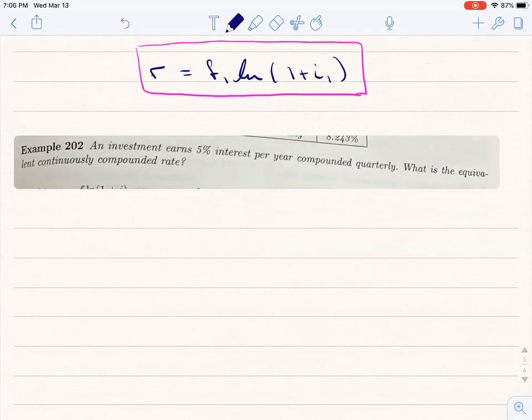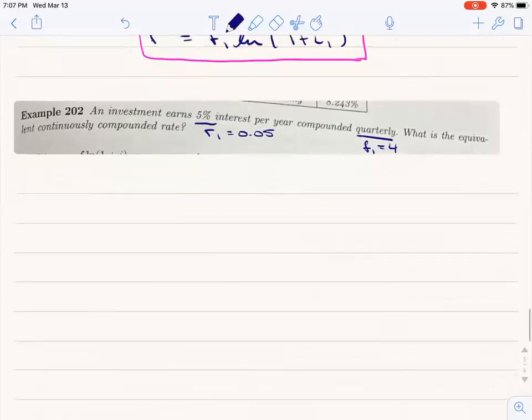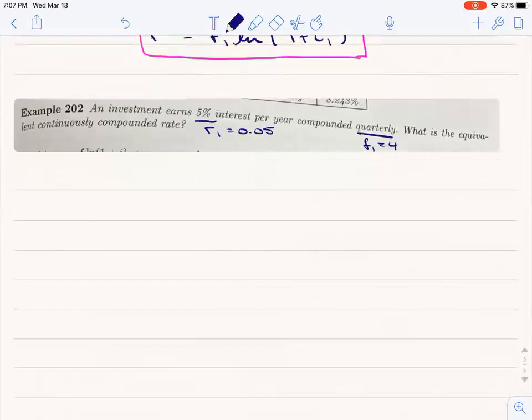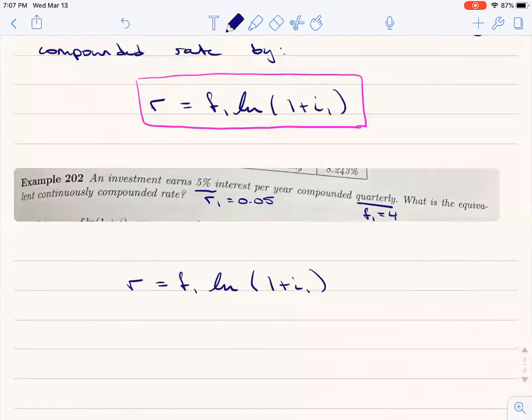What is the equivalent continuously compounded rate? So now you're going from R1 is 0.05 and F1 is 4, and you want to move to a continuously compounded rate. So we can use the formula R is F1 times the log of 1 plus I1, just from before.